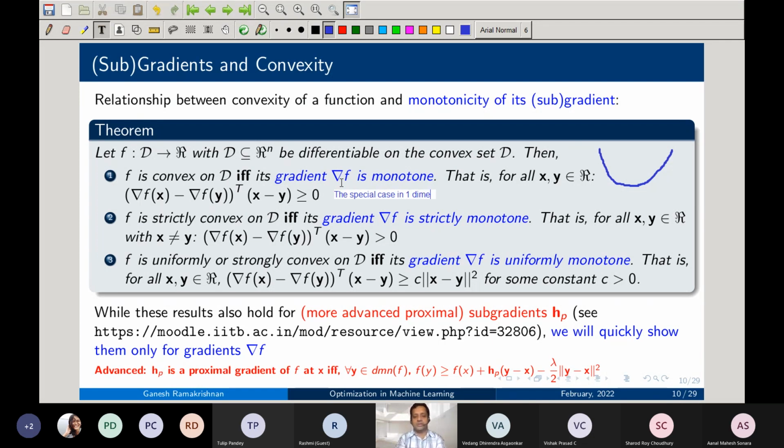In one dimension it is easy to see. Basically, it amounts to an increasing, or strictly increasing, derivative.